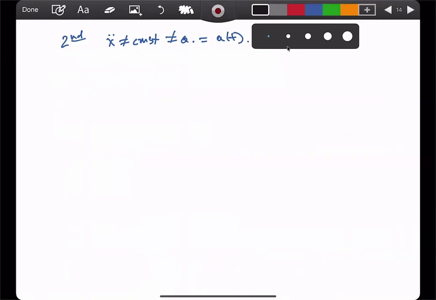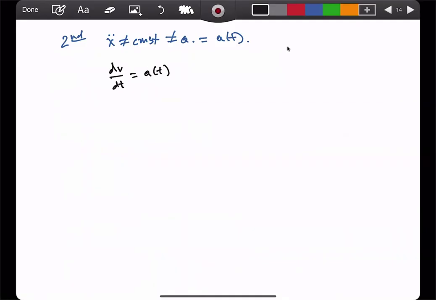Using our same approach as before, the first derivative of the velocity will be equal to this time-dependent acceleration. Using separation of variables, we multiply both sides by dt. My left-hand side will be the integral of dv from v initial to v final, which equals the integral of the time-dependent acceleration over time from some initial time to some final time.